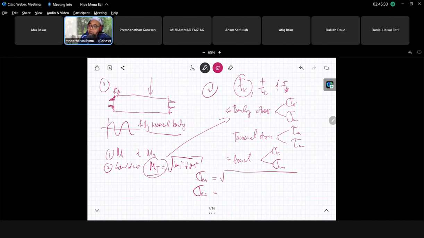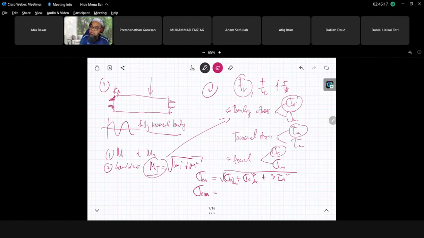Sigma axial plus sigma bending, squared, plus the alternating torsion, three alternating.